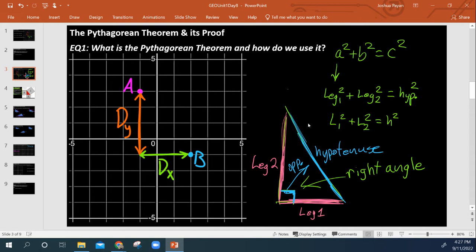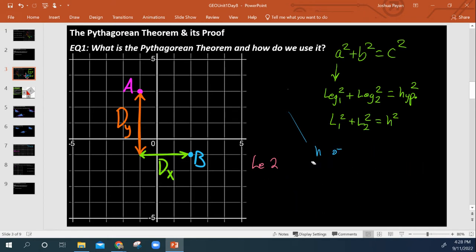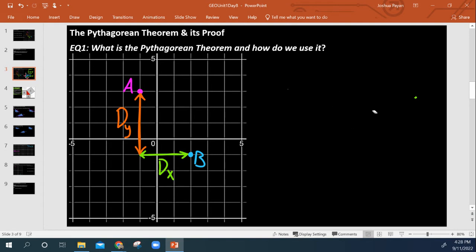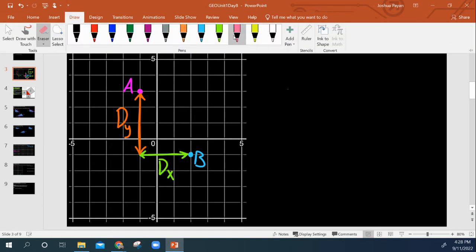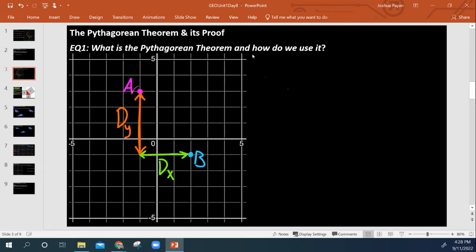Okay, so now that we've got that down, we've got an actual example here that we can refer to, and this is the same example that's on your do now for this lesson. So let's look at that. Here we see point A and point B are an unknown distance apart, right?